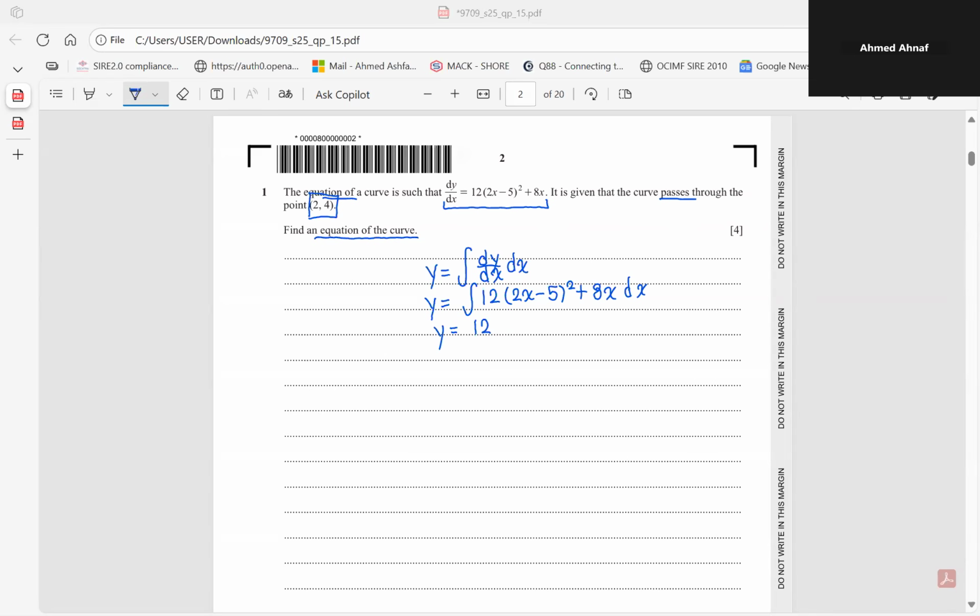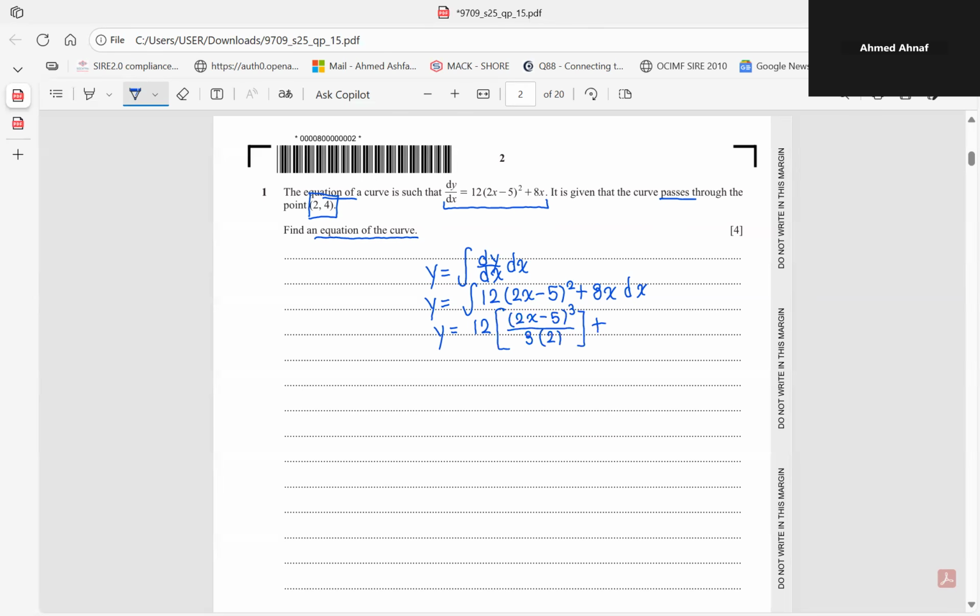So we're just going to integrate (2x minus 5) squared. To do that, you add 1 to the power, so you'll get (2x minus 5) cubed, and you divide by that new power. Also you should divide by the derivative of the inner function. So for 2x minus 5, the derivative will just be 2. So this is the first integral.